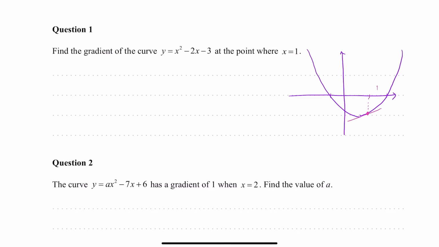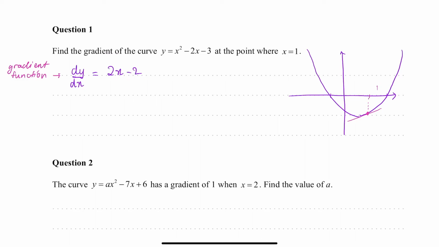Okay, so if we come over here and we try to differentiate, we get 2x minus 2. Okay, and I'm also just going to keep mentioning the names of these particular functions. So for example, this one here is called the gradient function. Once you differentiate it, it's the gradient function.